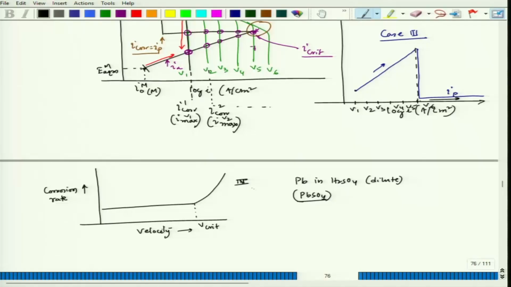That is what exactly happens here. So, this is the problem we can experience in case of lead in H2SO4.